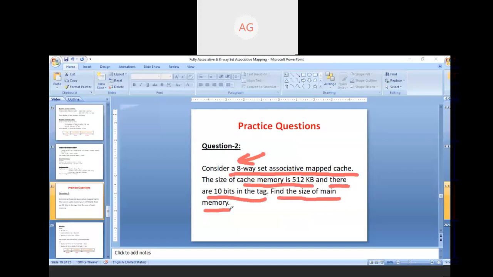Now you need to find out the size of the main memory in the case of k-way set associative mapping. But here the value of k is 8, which is already given to us in the question. So just write down in your copy whatever is given to us in the question and what we need to find in order to solve this question.